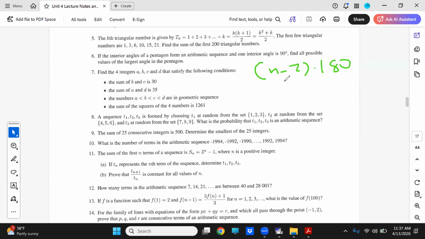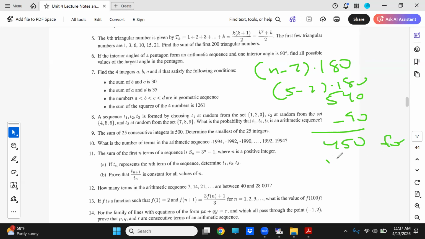So, you have 5 sides or 5 angles. So it's 540, right? Subtract 90, you get 450, right? So 450 for the remaining 4. Okay. Well, here's the deal. I think I made the assumption that 90 was the smallest angle in this progression.